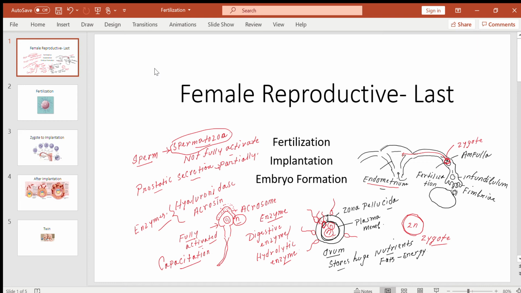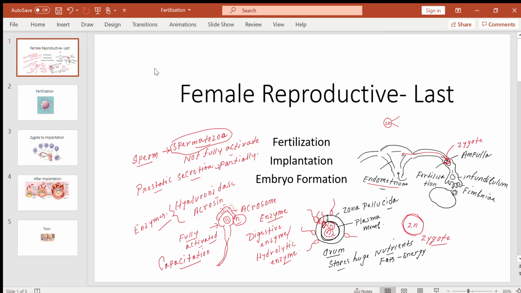The zygote is the first cell of new life, so it has 2N chromosomes. It will divide by mitosis. All divisions or multiplications will be by mitosis, because this will form the body, and the body is formed by mitosis. Only in sex cells, during sperm and ovum production, do you have meiosis. In all other cases, mitosis is the cell division.